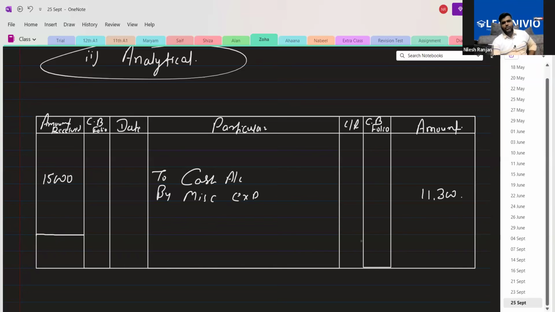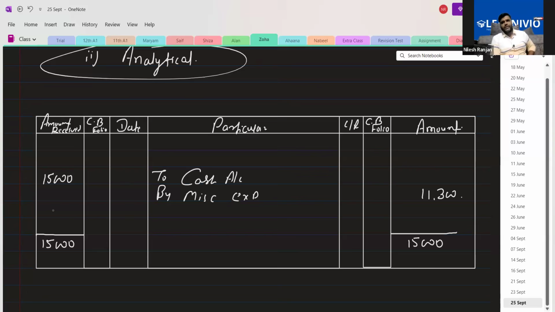Again, the higher total is written on both sides. So which one is higher? Yeah, 15,000. So from this 15,000, lower total will be deducted. Always remember that amount received will be higher because you can spend only up to that amount.